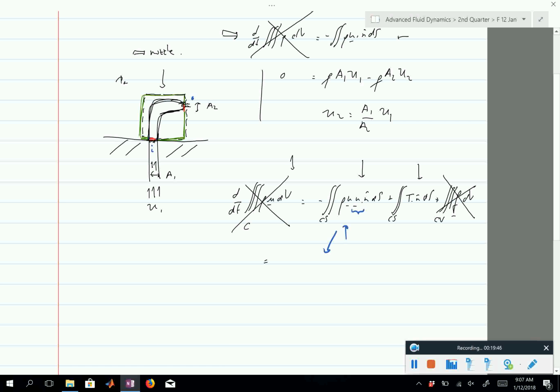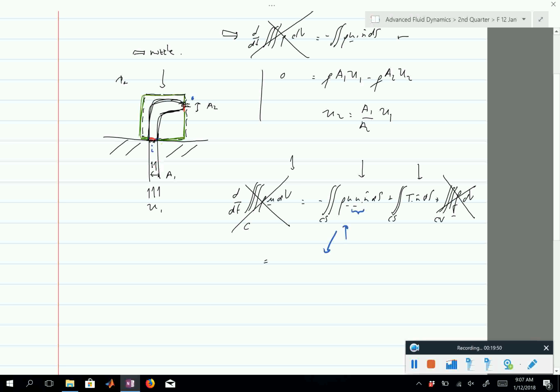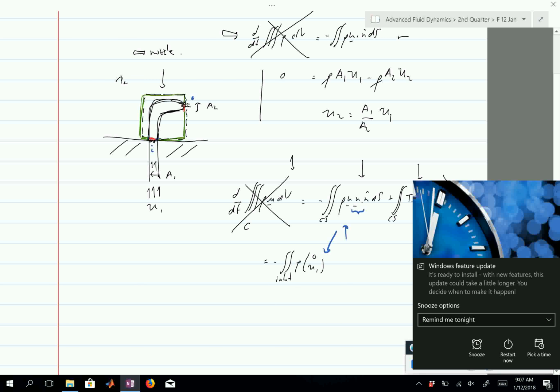So you have only 2 bits of this integral along the inlet and the outlet, and along the inlet what you get is, so let's say I'm integrating over the inlet, so I have minus rho, and over the inlet my velocity is in the y direction, so u is 0 u1.